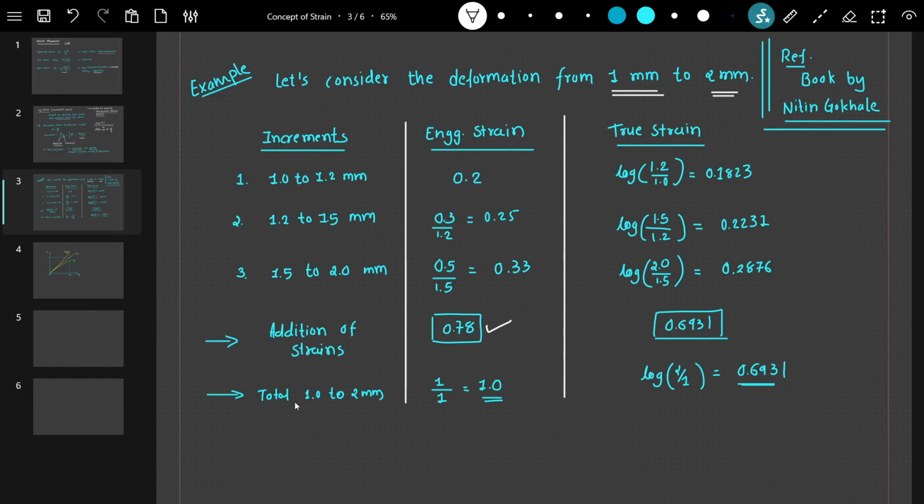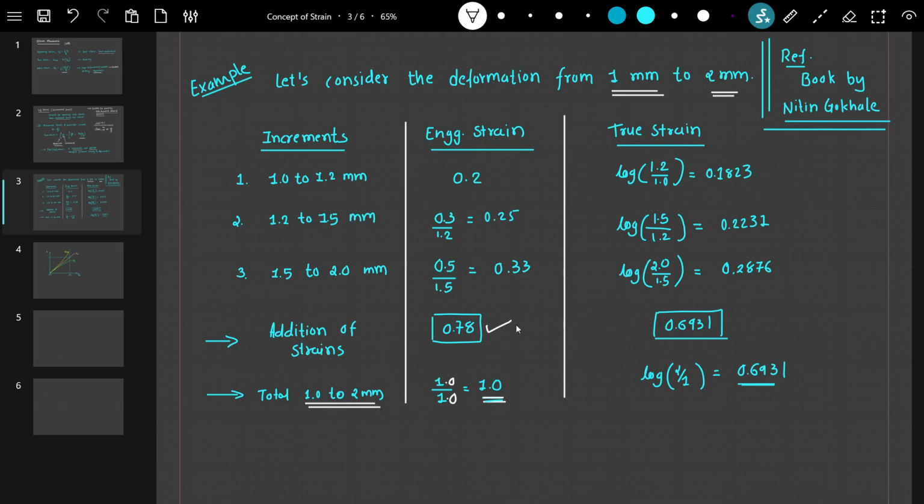Whereas if we calculate engineering strain not incrementally, just from 1.0 to 2 mm directly, we get a difference of 1.0 divided by the original length, so 1. So when we add we get 0.78, but when we calculate directly we get 1.0.